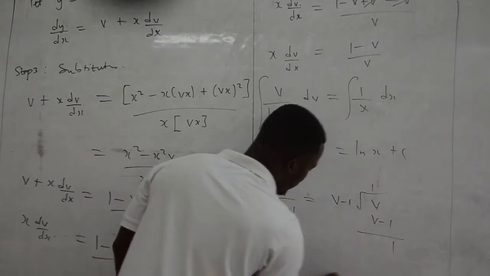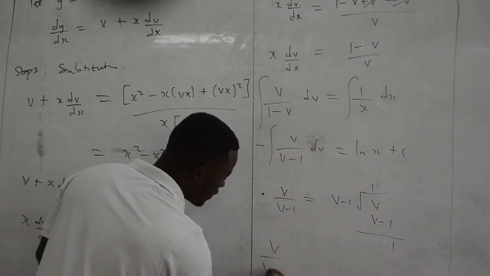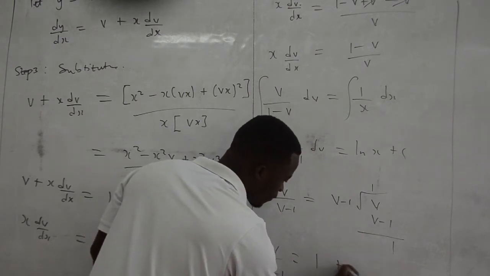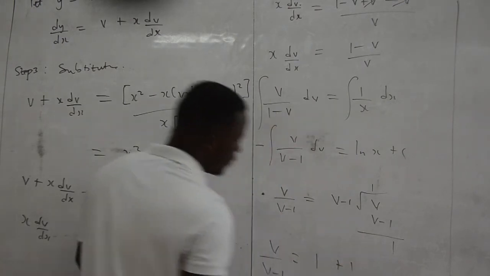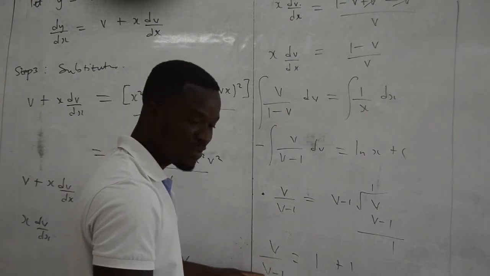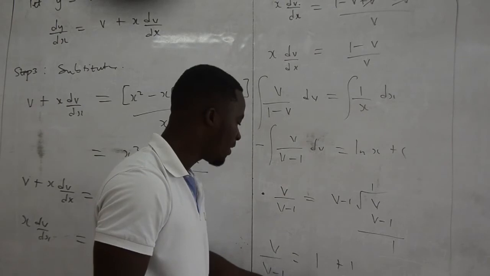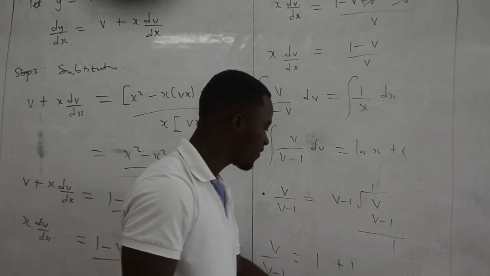This will get 1. So my v over v minus 1 will change to 1 plus 1 over v minus 1. So anytime I see v over v minus 1, I will replace it by 1 plus 1 over v minus 1.